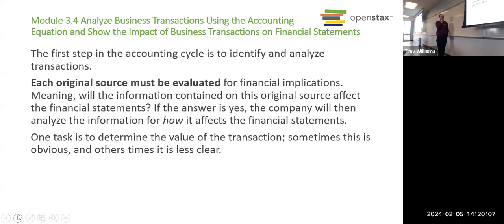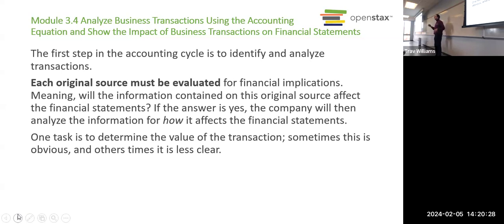For example, let's say the company receives a bill from the phone company or the electric company, and then you find out exactly what your phone expense or your electricity expense was. You knew the bill was coming, but you didn't know exactly what the amount was going to be, right?